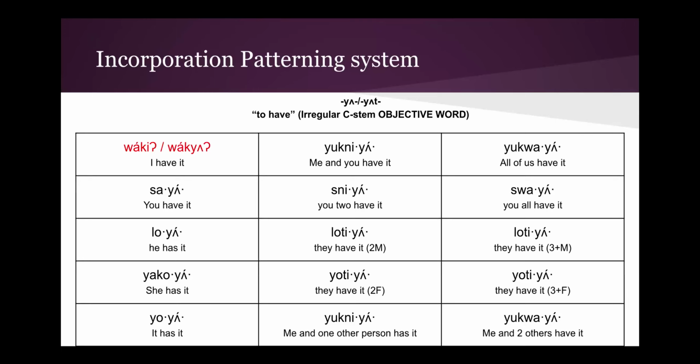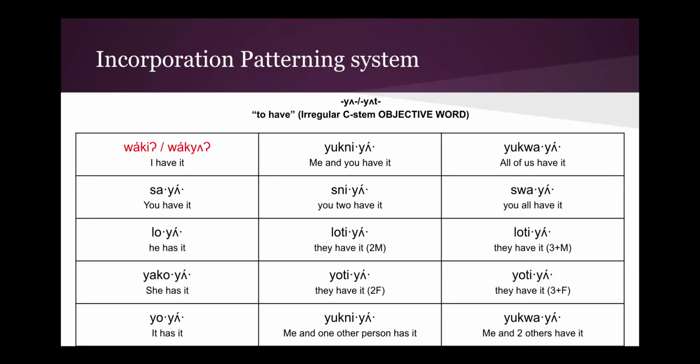And again, this slideshow is following an outline of that practice noun incorporation drill I was talking about at the beginning of class. Now we're to the point where we're going to say somebody has a noun.